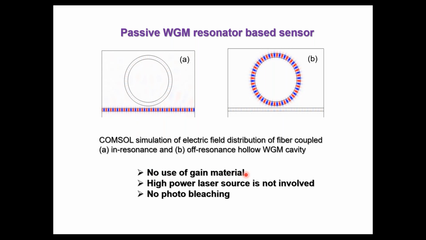So no use of the gain medium, it is not doped with any organic substance, and no high power laser source is involved. There is no photobleaching. One of the important problems that we will discuss later is photobleaching, or the degradation of whatever material is doped into the cavity. But in this particular case, nothing is doped. It can simply trap some frequencies while kept very close to the other waveguide.